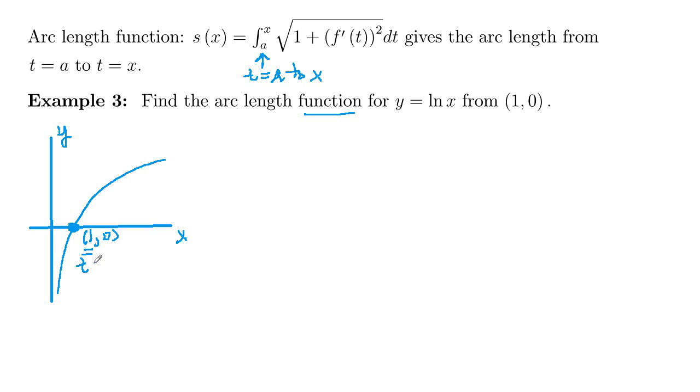This is t equals 1, and then it's 1 to x. If we've got a general x coordinate out here, go up to the graph. The coordinates of that point are x and natural log of x, because this is the graph of y equals ln x.